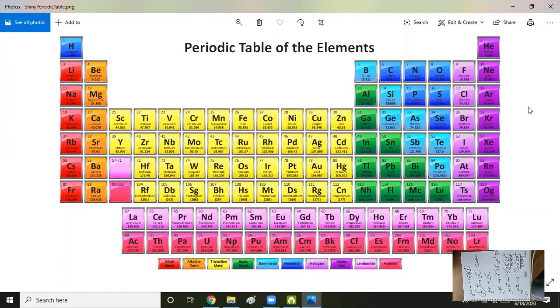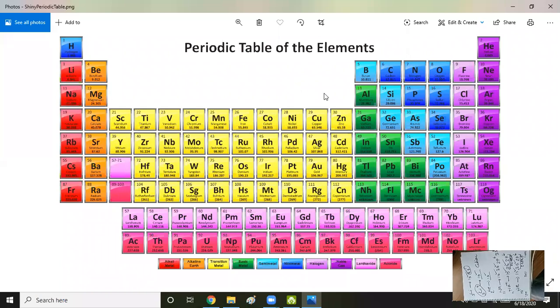Here one thing is explained: if we go from the left side to the right side, the atomic size decreases. Suppose the atomic size of aluminum is smaller than sodium.